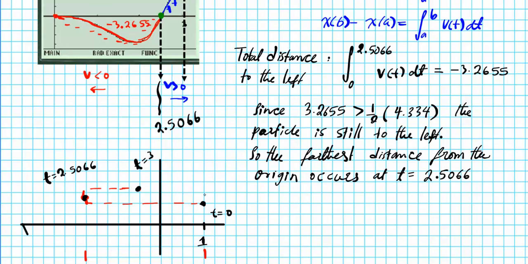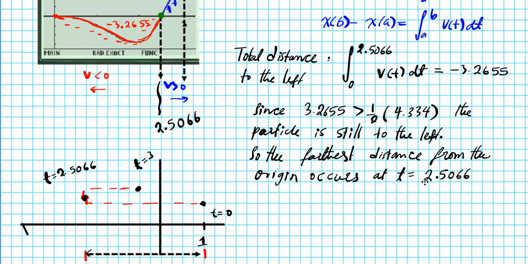Because it never had enough time to go here. So what's this distance? That's what we're looking for. So we're basically looking at the position function because we're looking at the displacement from this position right here.